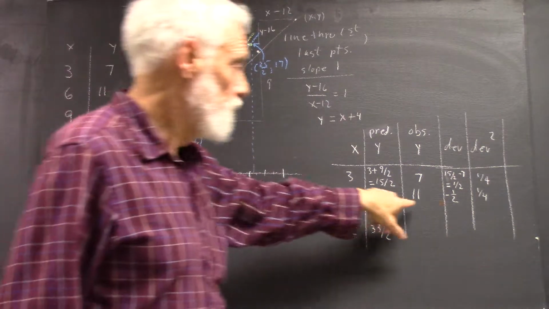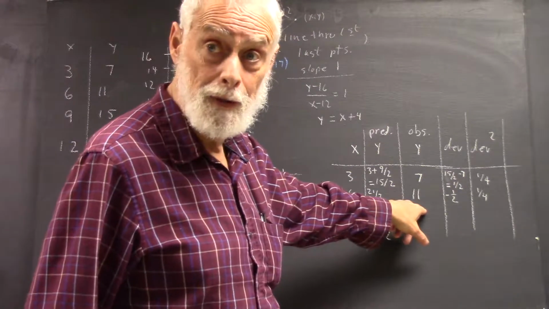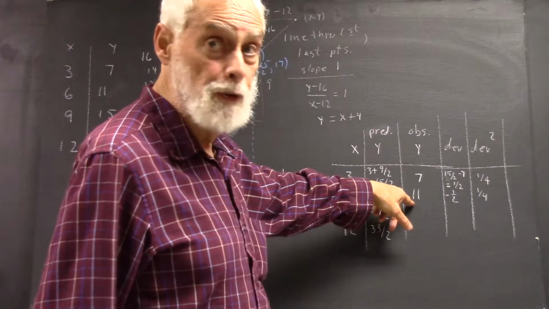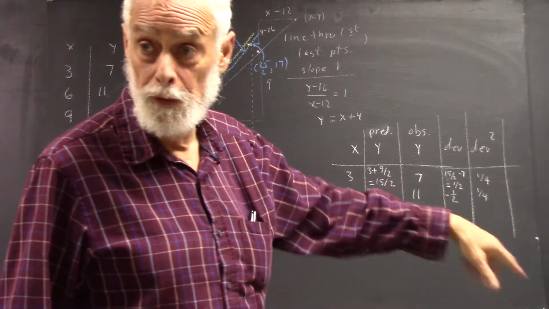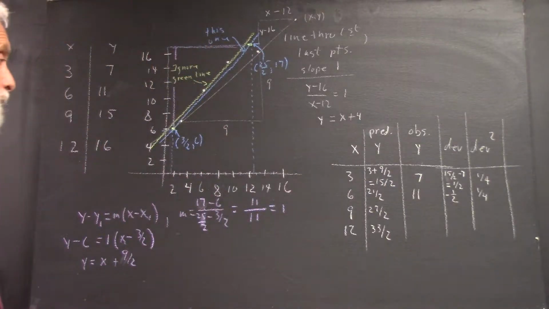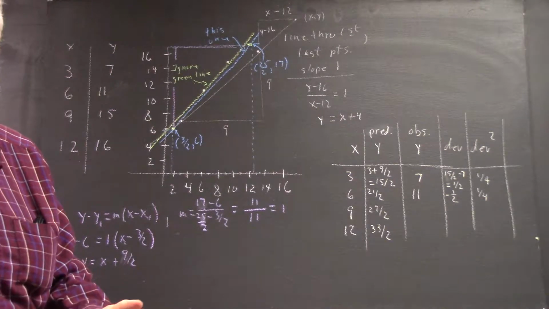Now, I'm not going to go through the details of how I calculated that. I just did this minus this, right? And 11 is 22 halves, 21 halves minus 22 halves is negative 1/2. Okay? So we don't need to explain that in detail at every step. You know how to do that.